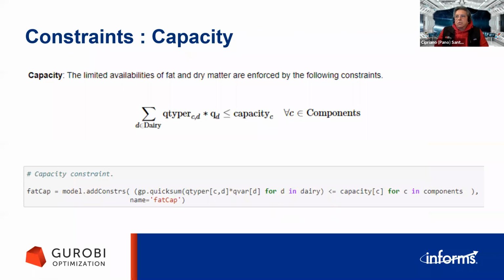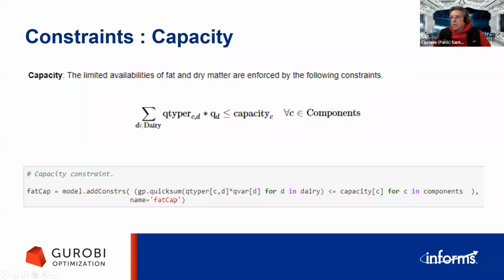We have also another constraint that for each raw material or component, we want to limit the production of dairy products to the capacity. So for that purpose, we need to generate the constraint. So we use the addConstrs method, and the name of that method is going to be called fat capacity. Should be called component capacity because this is for both components.